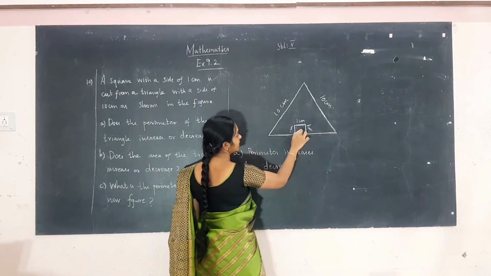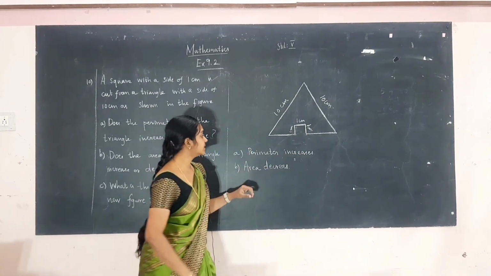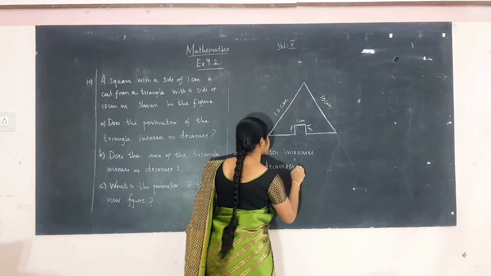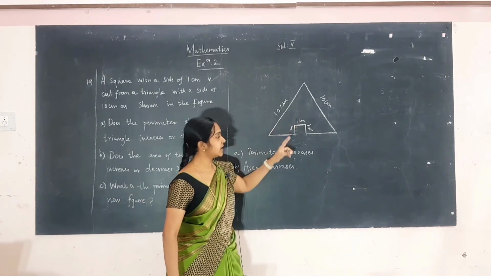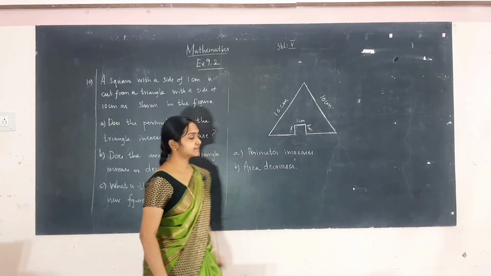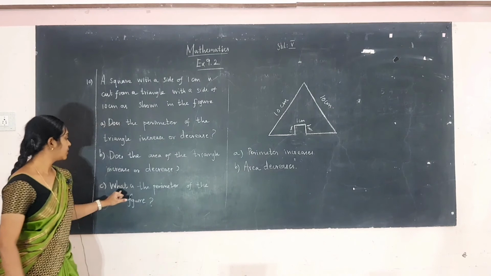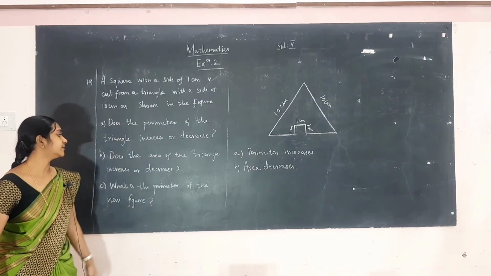From the area, one square is missing. So, the area decreases. From the area only we are cutting a square. So, area decreases. Next, what is the perimeter of the new figure?